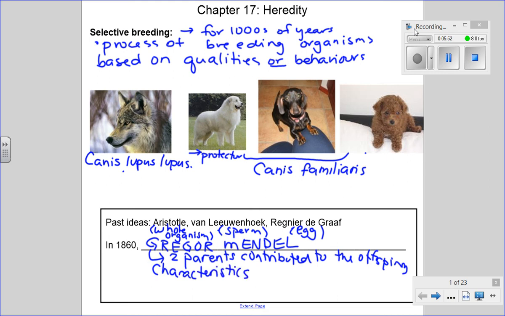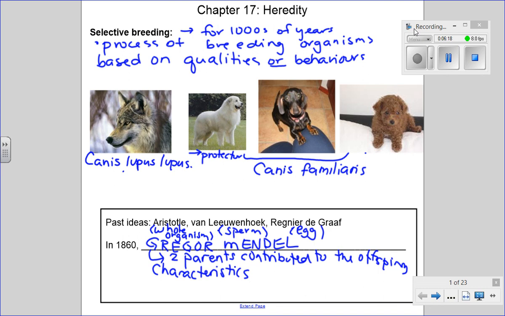So up until that point, we weren't totally sure what was determining whether or not, say, the dog that you got from breeding two dogs was going to look like the mother or the father. Because in some cases, it would seem like, oh, the dog looks exactly like the mother, it must be the mother that determines the characteristics. Whereas in other cases, we would say, oh, well, this one looks just like the dad, so the dad's characteristics must be the ones getting passed on.